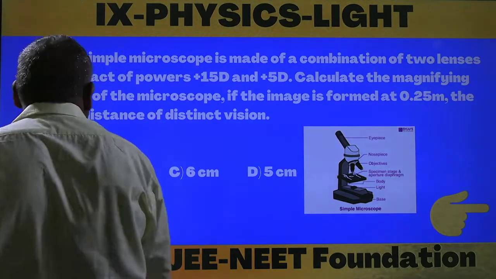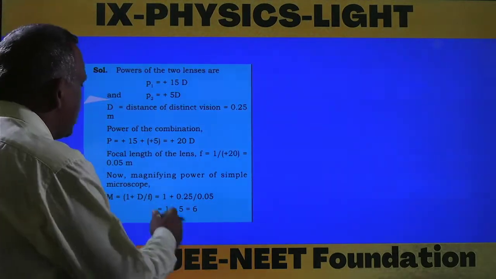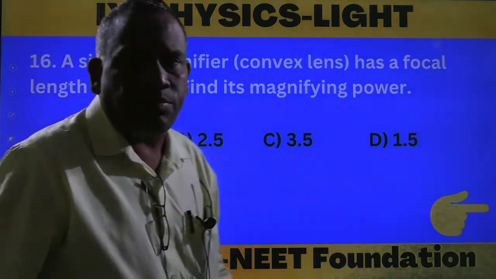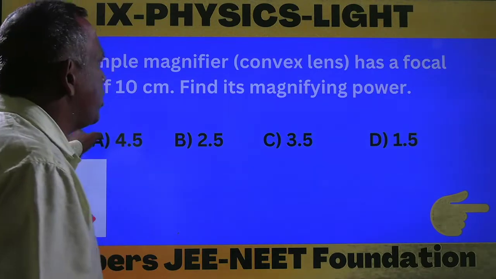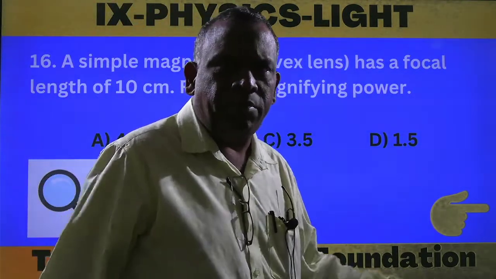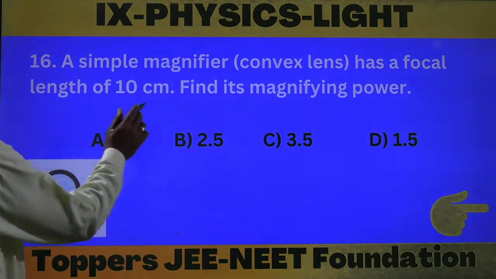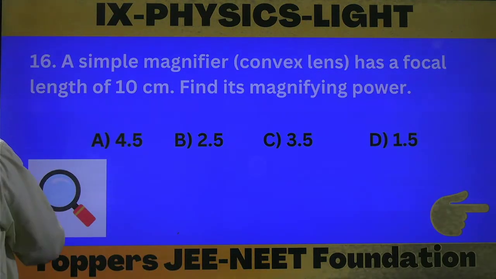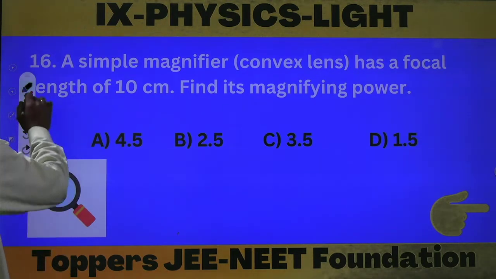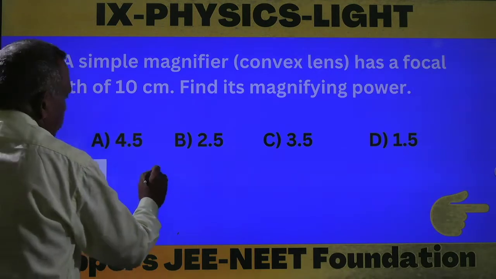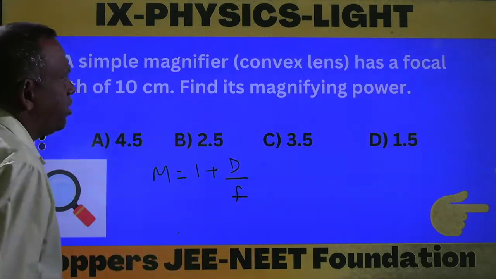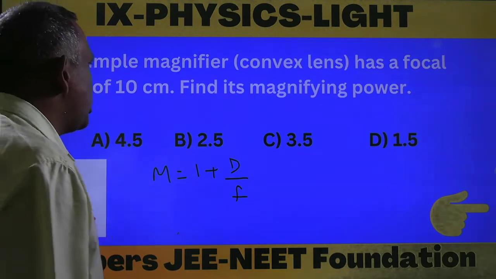This is the simple explanation for the magnifying power. Then question number 16. A simple microscope has a convex lens of focal length 10 centimeters. Find the magnifying power. Same type of question. The magnifying power is equal to 1 plus D by F. Here the focal length is 10.